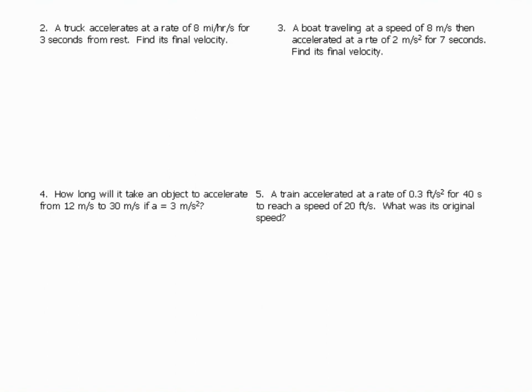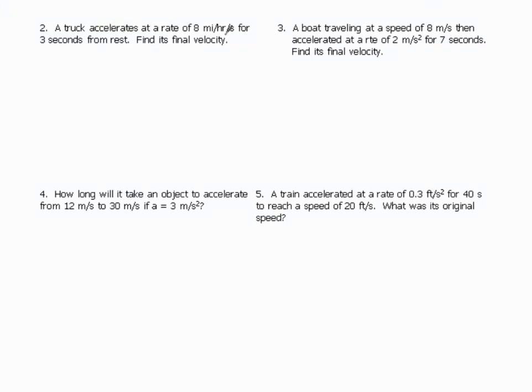Number 2, a truck accelerates at a rate of 8 miles per hour per second for 3 seconds from rest. Find its final velocity. This one's different. We are taking the acceleration formula and manipulating it to find the final velocity.